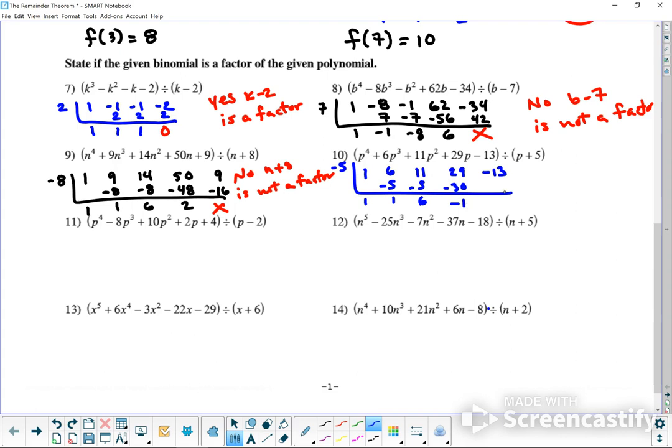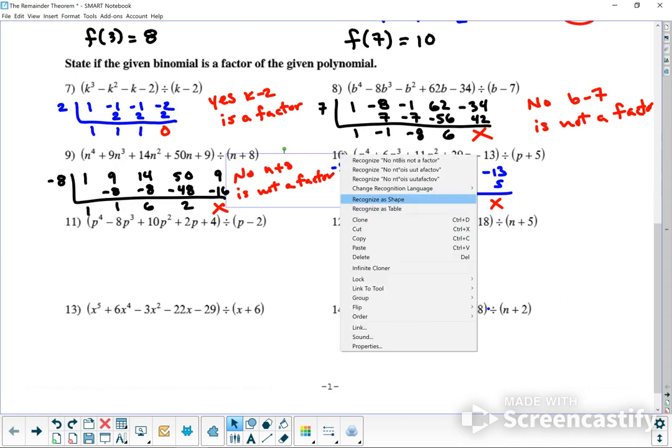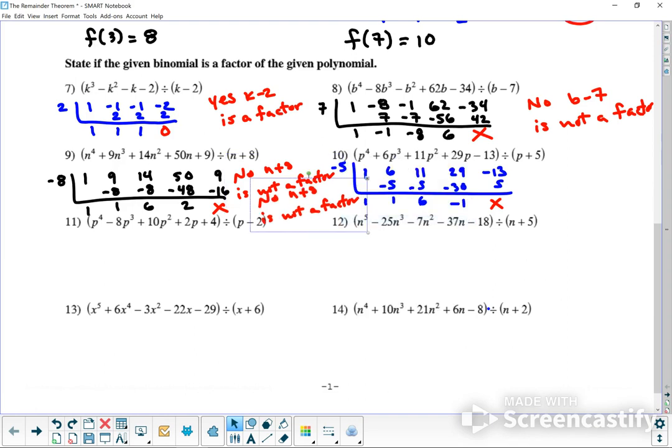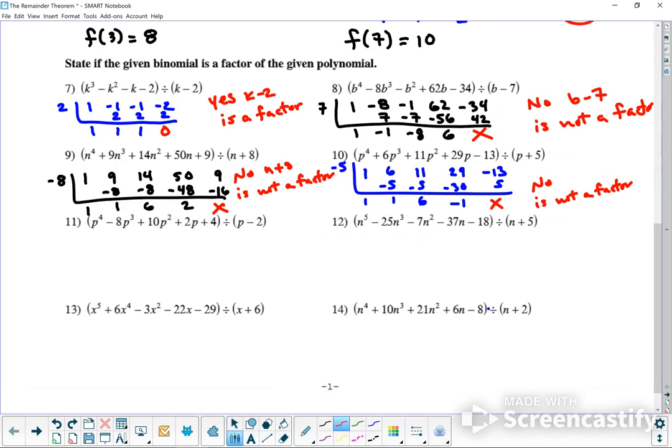Multiply is 5. And that, again, also does not work. So we're going to say no, p plus 5 is not a factor. So far, there's only one that works.